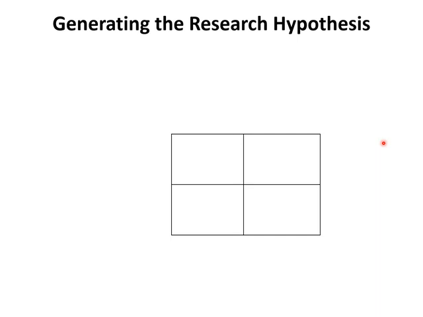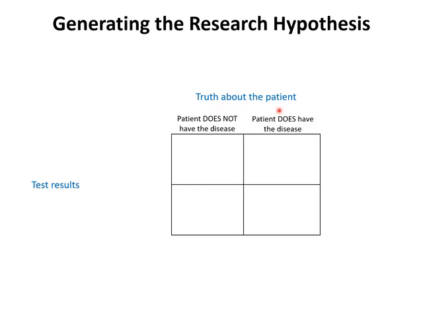I will give you another example to make this easier. If we want to find the truth about the patient and we do our test, we have two options for the patient. Either the patient doesn't have the disease or the patient does have the disease.